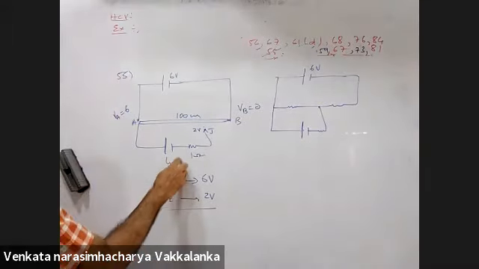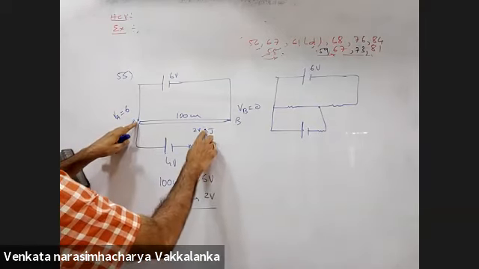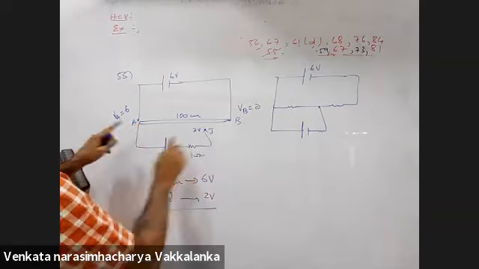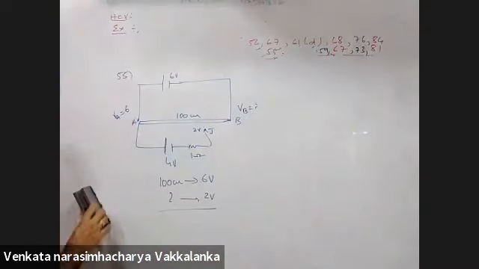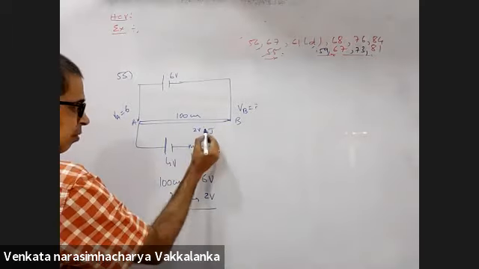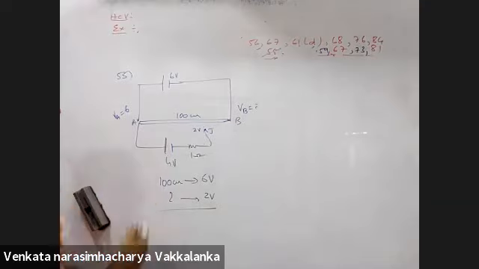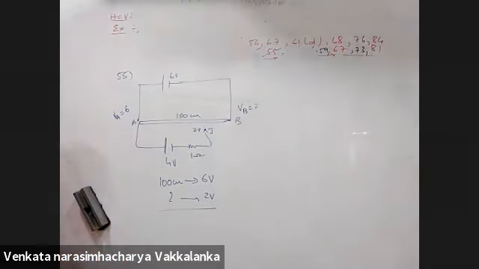Because this is 7.5 and this is 6 volts, the potential difference across this will be minus 1.5, because it should decrease from 6. So if I replace it with 7.5, this will be minus 1.5. There will not be a point on the wire where I will get null deflection. Right? 56. Yes or no?